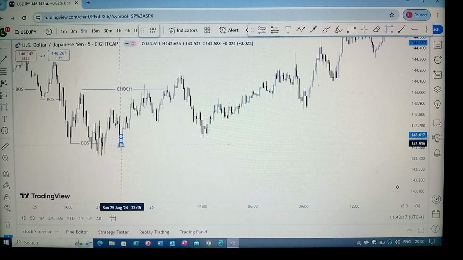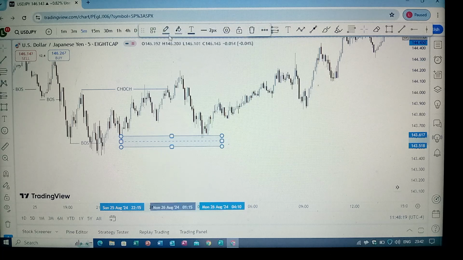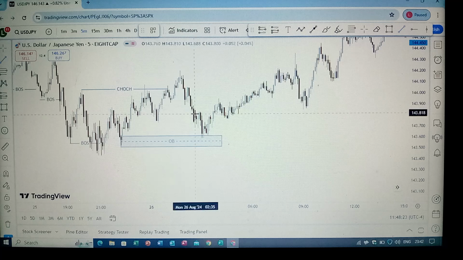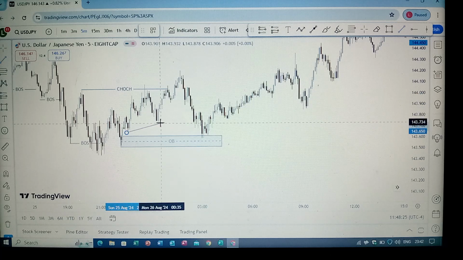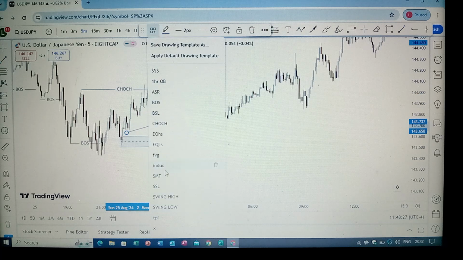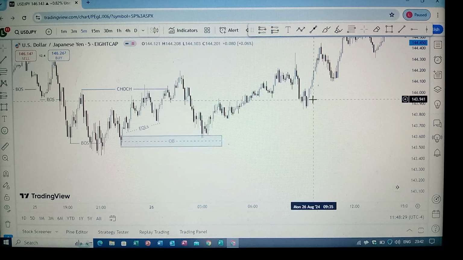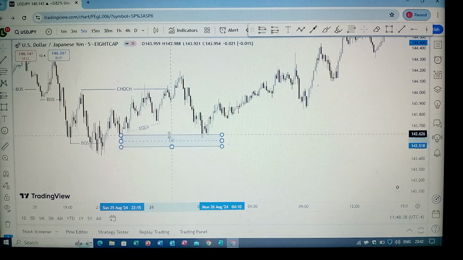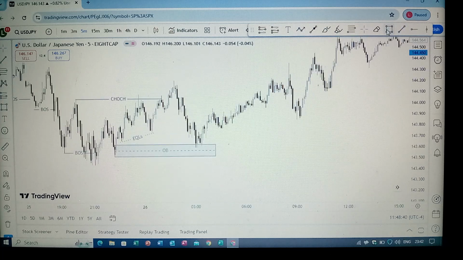I took this level on the 5 minute time frame because we had relatively equal lows, and I saw that we don't have another point of interest where I was looking to long from. So I took this 5 minute demand level, point of interest, order block, what you call it, and I took a long position.